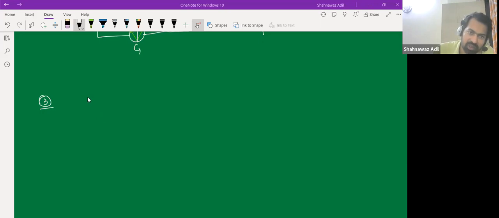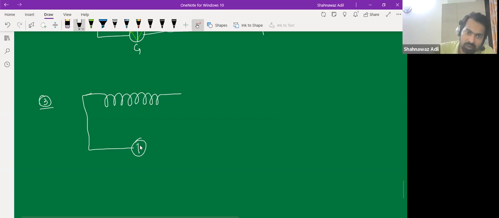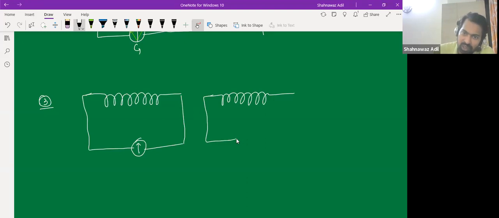So we have a coil and we have this galvanometer, right? And we have another coil, and then we have this switch, right?